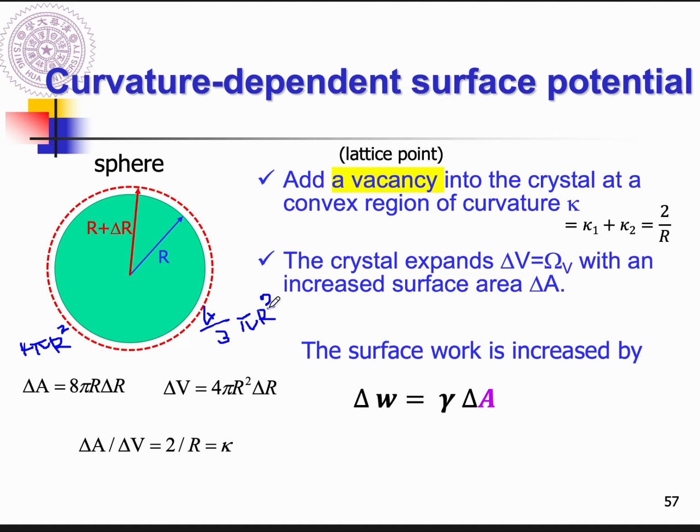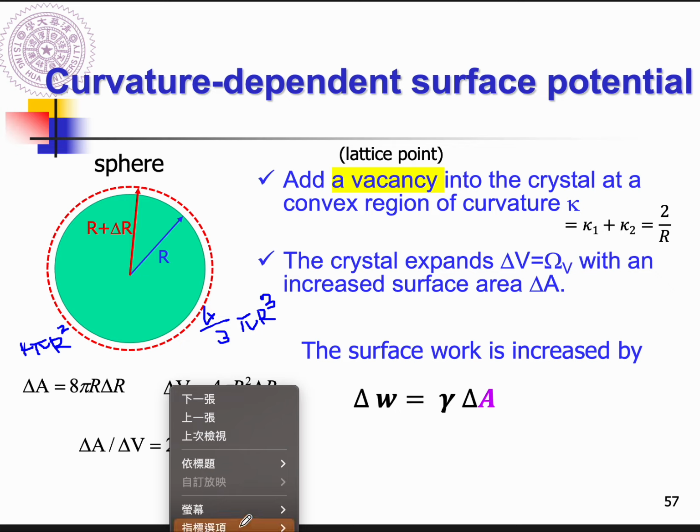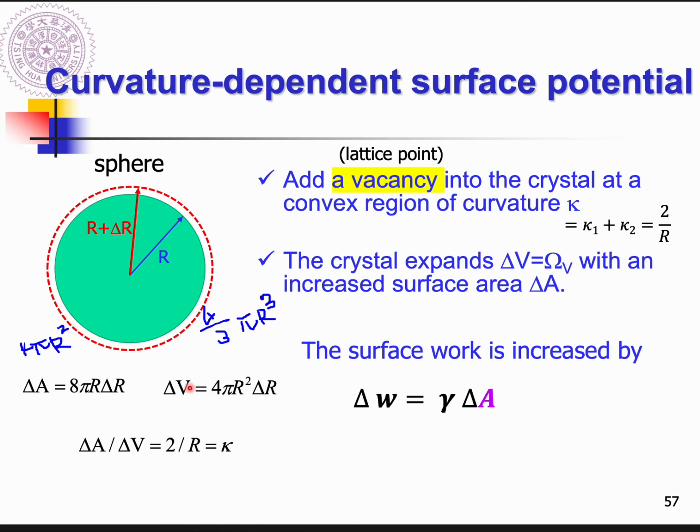So you take the first derivative with respect to r, and you get 4 pi r squared dr, right? Okay, so now you got this one, right?